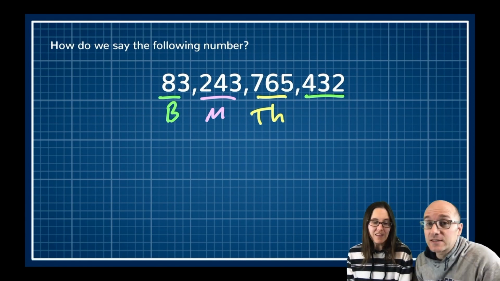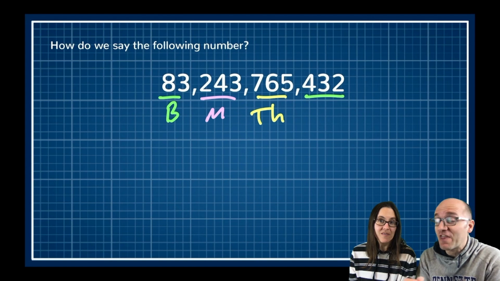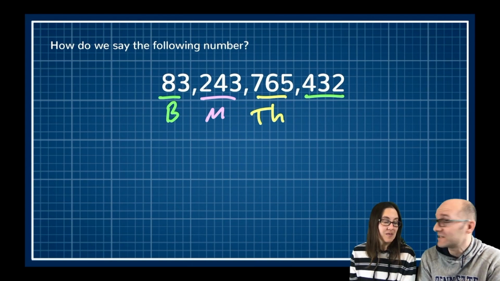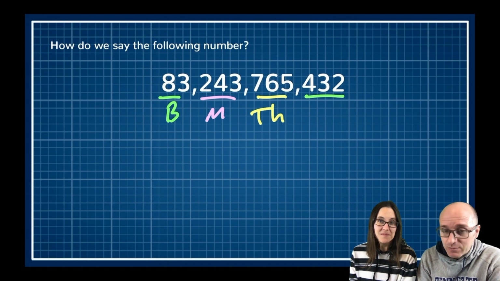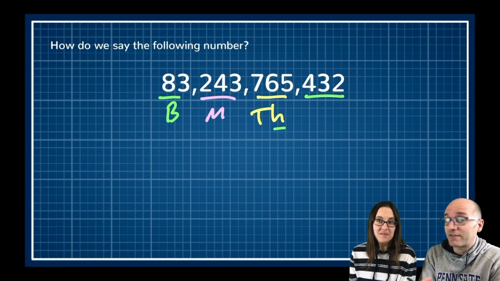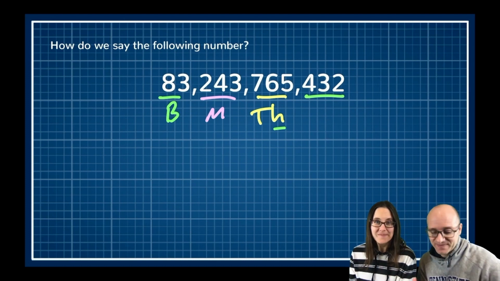So we would say this number as 83,243,765,432. Nice. So as long as we know these names for thousands, millions, billions, we just have to worry about our groups of three, and we can say the entire number.